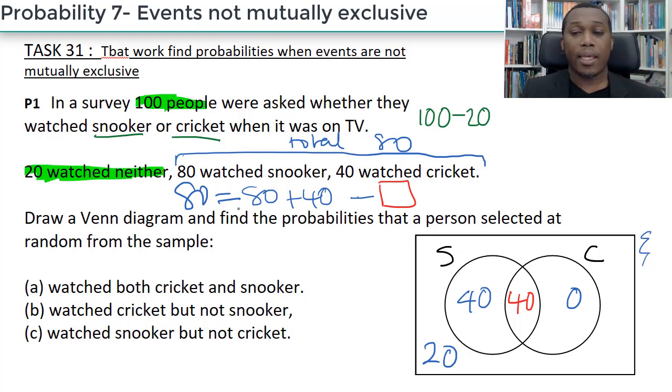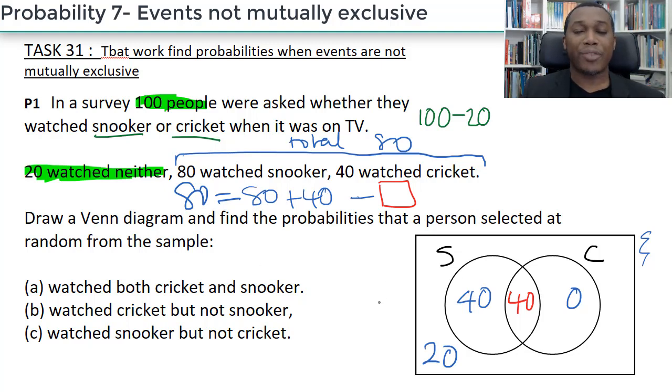Then if 20 are outside of the two circles, when I add up the totals of people who watch snooker only, cricket only, or snooker and cricket, I need to get 100 take away 20. That 20 can't count, so 100 take away 20. That's where we get the figure 80, coming up with the idea that these three sections, or the two circles overlapping, have to total 80.